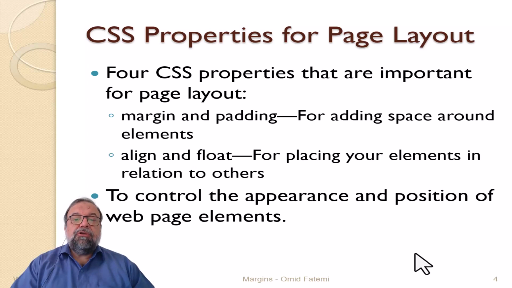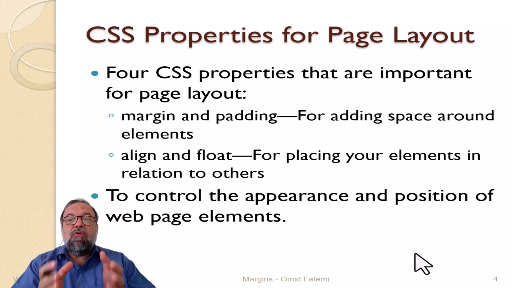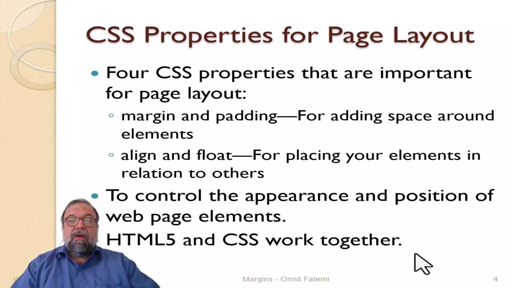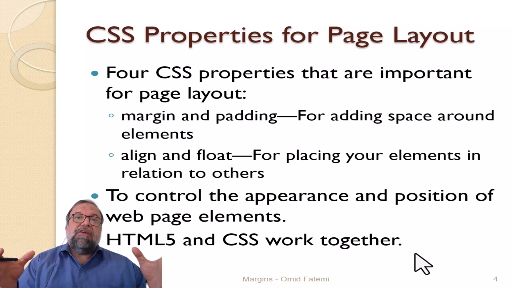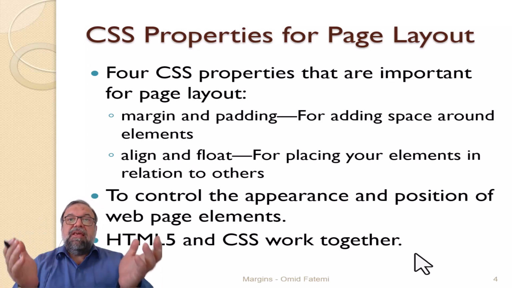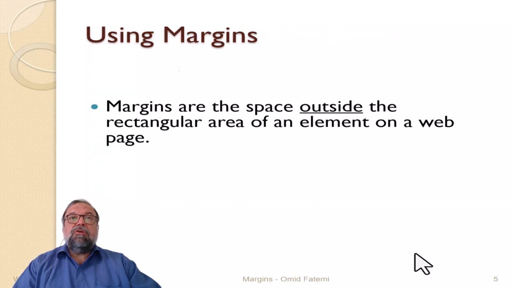To control the appearance and position of the web page elements, we use these 4 CSS properties. As you can see, using CSS in your HTML code, they work together to make a good layout for your page design. So, margins.